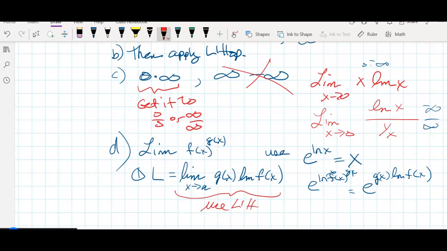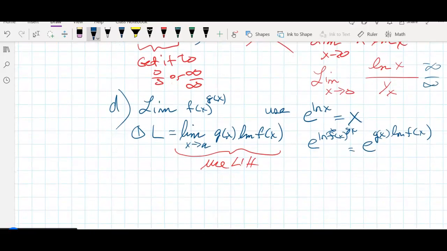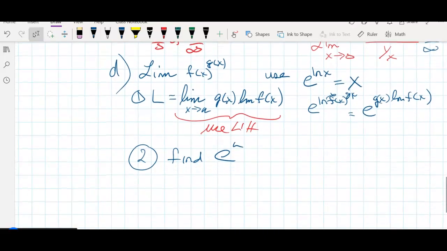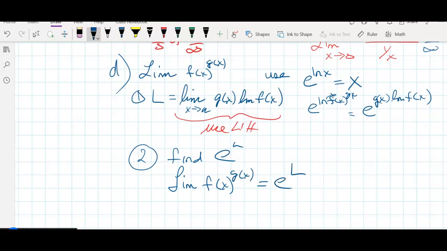Use L'Hopital's to get that limit. And then the last part is you have to undo what you did by raising it to the e to L. And then take e to the L. So that's going to be, because in the end, the limit of f of x to the g of x is going to equal e to whatever L ends up being.